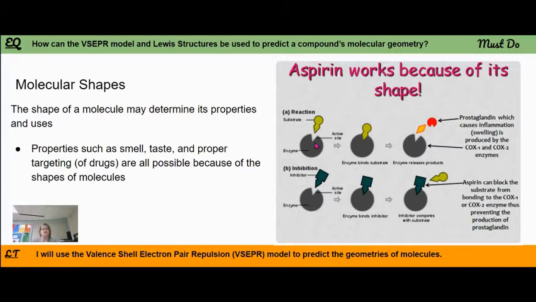Okay, so molecular shape. The shape of a molecule may determine its properties and uses. So if we look at aspirin, aspirin has a specific shape so that it can block certain enzymes from releasing other types of substances into our body.